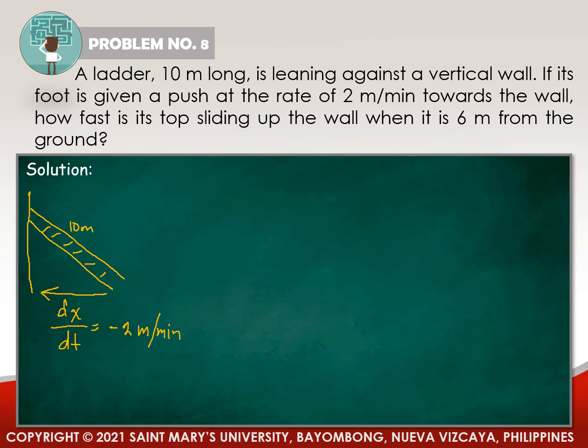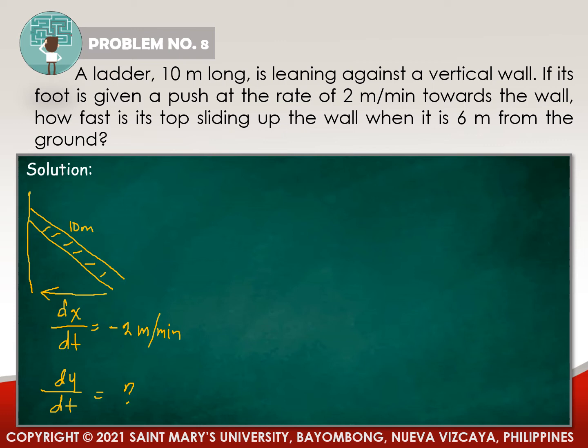So, how fast is its top sliding up the wall? Meaning from the bottom up to the top, nag-increase naman kasi it will slide upward. So, yung y natin ang missing. So, magsosolve muna tayo.